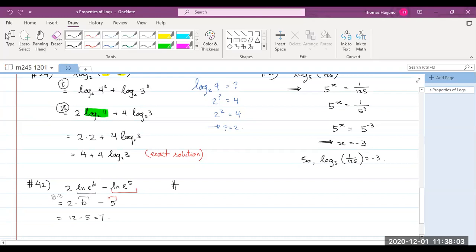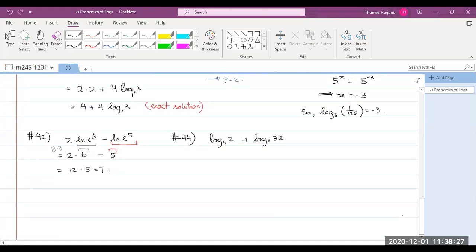Number 44. From here, we will later on do the ones with variables instead of numbers. Log base 4 of 2 plus log base 4 of 32. There are two ways to do this. The first way is to compute each one of them.